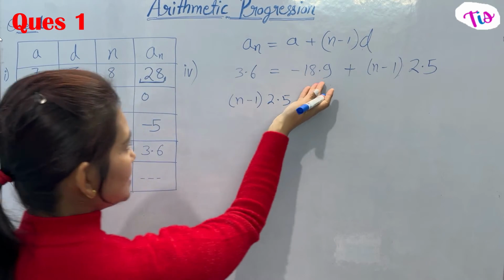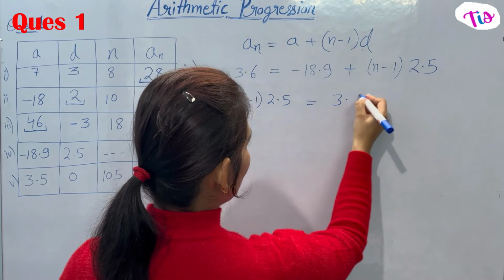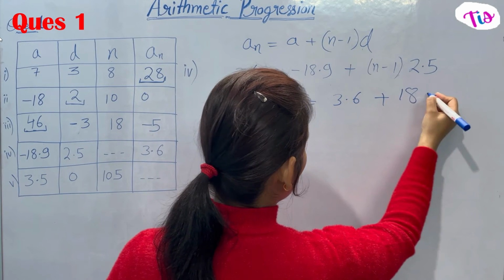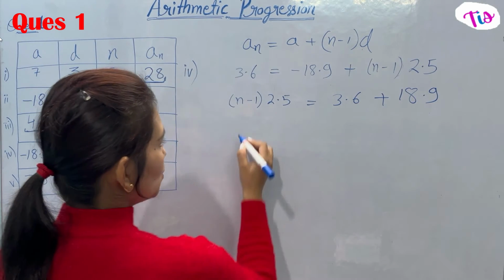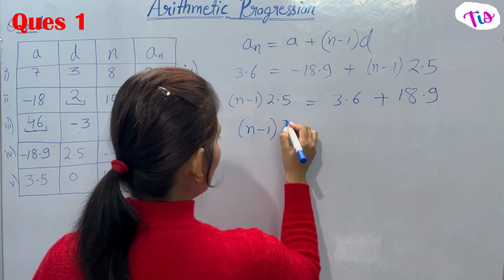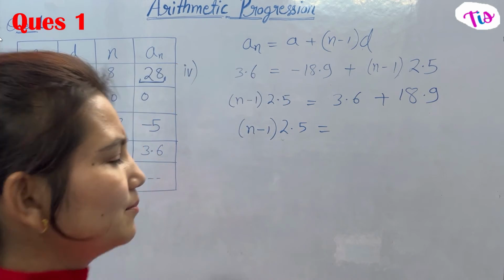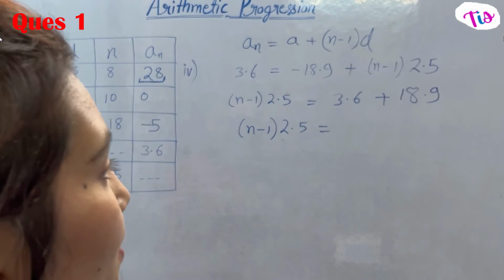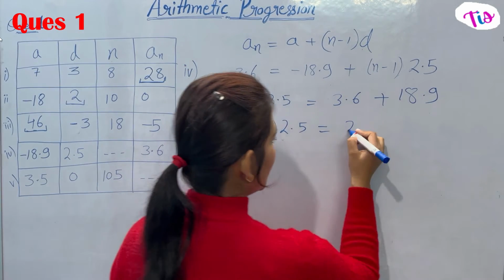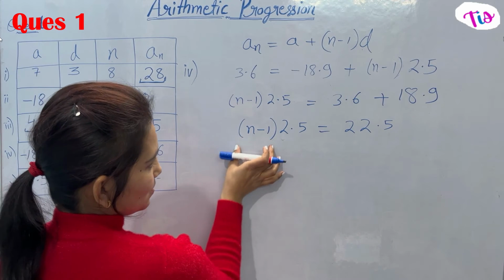So 3.6, minus 18.9 will go to the opposite side. It will become 3.6 plus 18.9, right? So N minus 1 into 2.5 is equal to 3.6 plus 18.9. It will become 22.5.